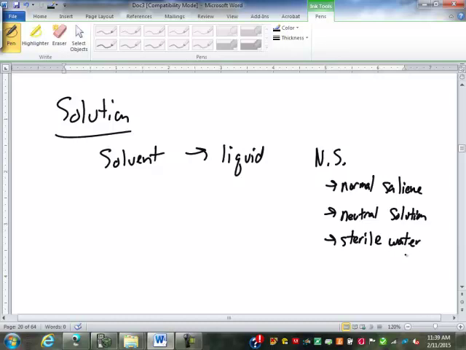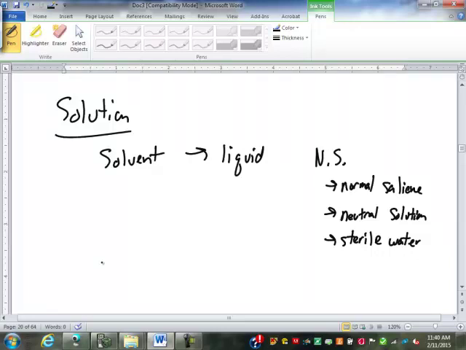The difference between normal saline and sterilized water is that normal saline is water that's not only sterile but pH balanced to the human body, where the sterile water might not be that way. So anyway, that is the solvent, the liquid. And like I said, in medicine, we're using that NS.